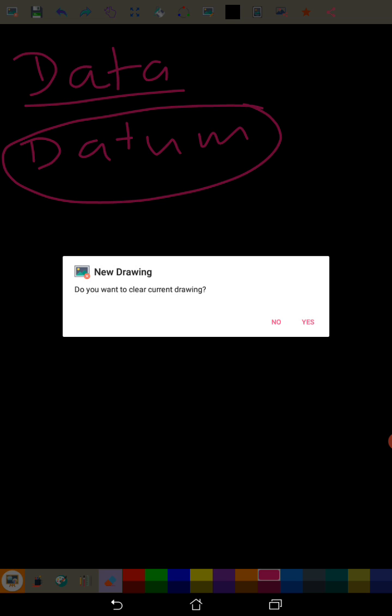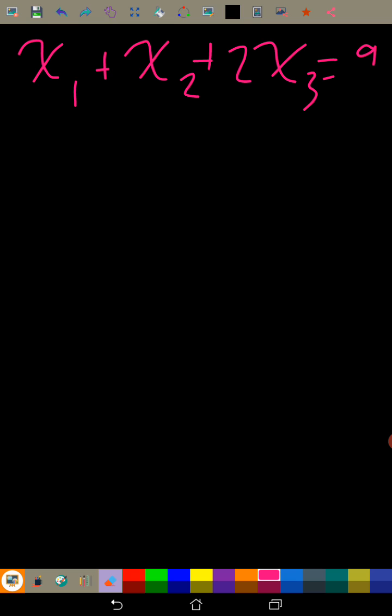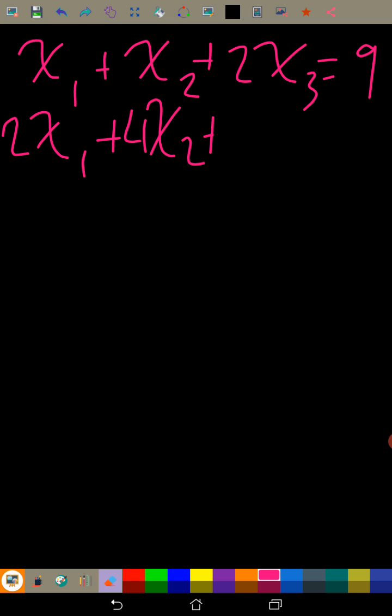So I will write it. Let's say we have x1 plus x2 plus 2x3 is equal to 9. I'll try to write everything under each other. For x2 plus, no, it's going to be minus here, minus 3.